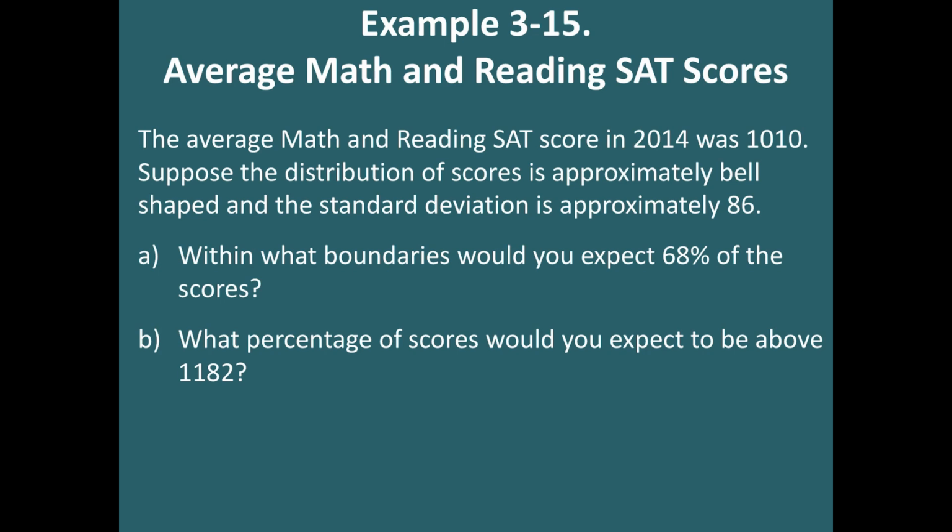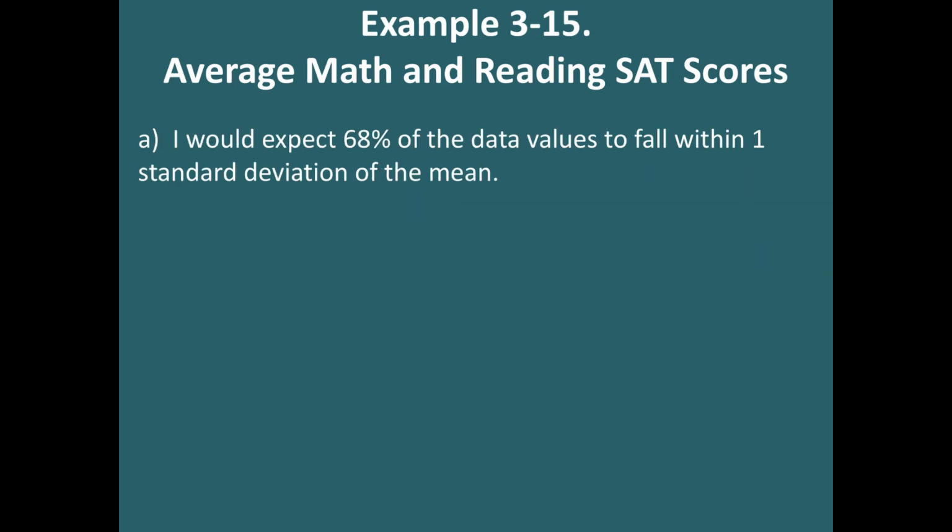Let's begin with part A. Within what boundaries would you expect 68% of the scores? According to the empirical rule, I would expect that 68% of the data values will fall within one standard deviation of the mean. Therefore, the upper boundary will be mu plus sigma, which would be 1010 plus just one standard deviation, so 1 times 86, giving us 1096.